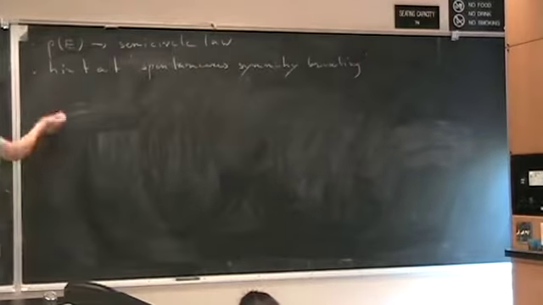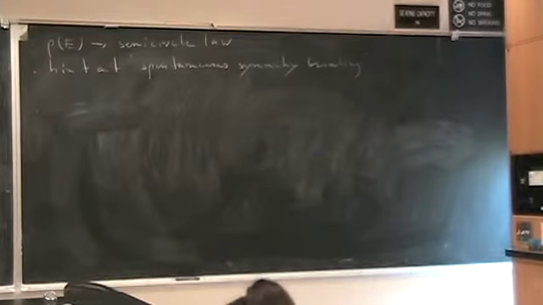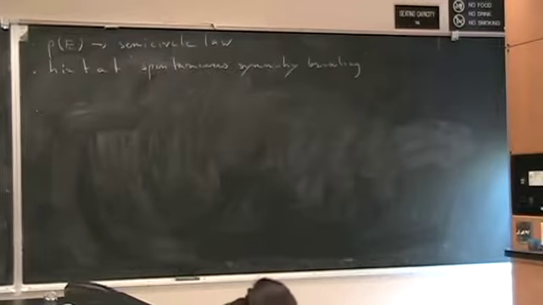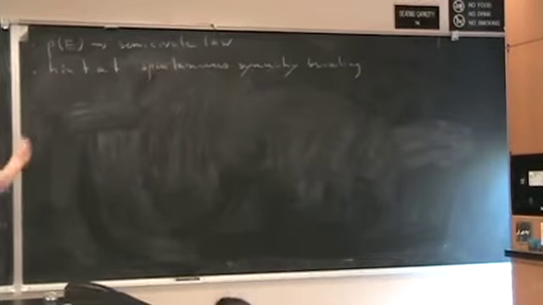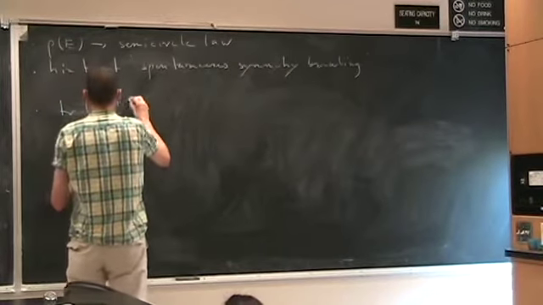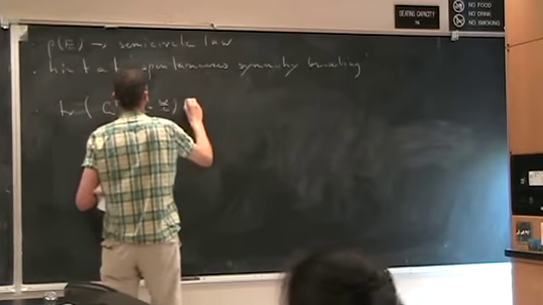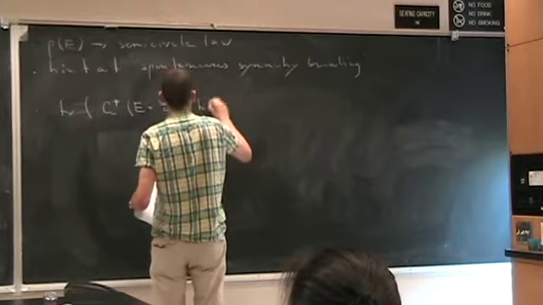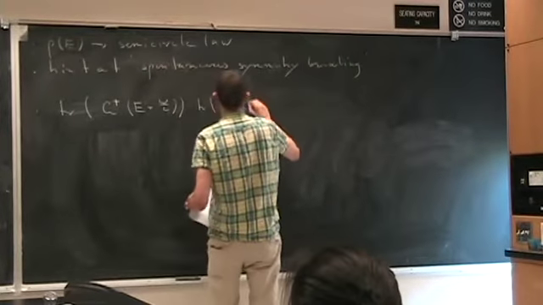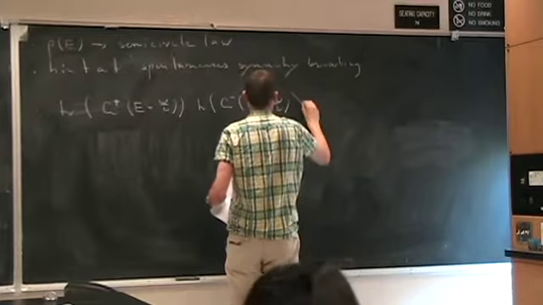So now, given this kind of input, let's look in the same language at products, and then it gets more interesting. We now do the same and look at the trace of G plus at E plus omega over 2, times the trace of G minus at E, and all that averaged.